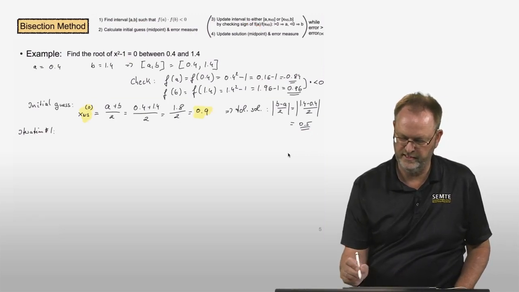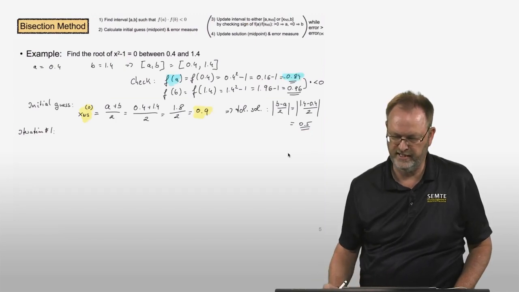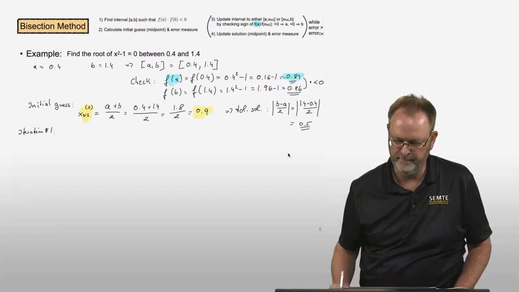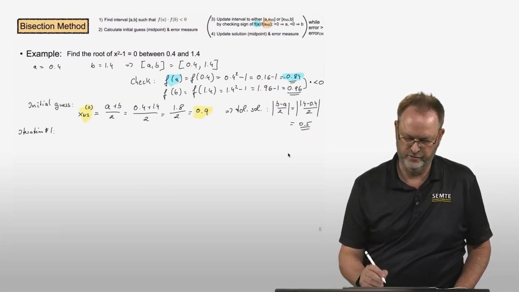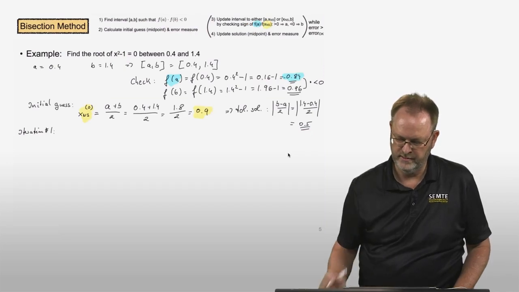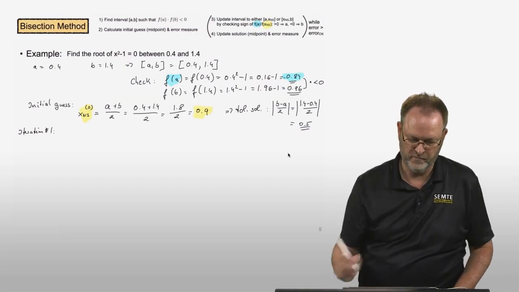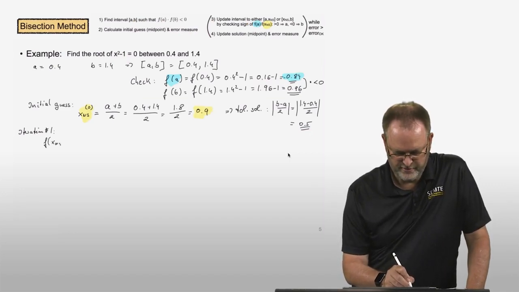Let me just mark it. F of a, I calculated here, that's negative 0.84. That is my f of a. And now I need to calculate f of my numerical solution. But my numerical solution is the 0.9. So let's calculate f of the numerical solution of my initial guess.